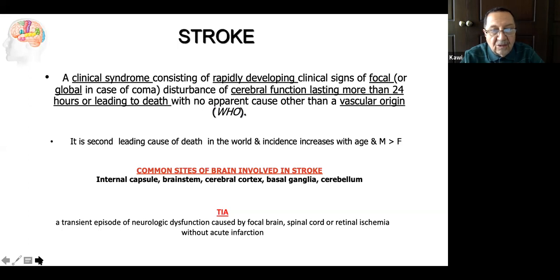It doesn't lead to tissue damage, but it causes dysfunction. It is a warning. It is equivalent to angina pectoris in the heart. It doesn't cause infarction in the heart, but it gives us the idea that there is a compromised blood supply.